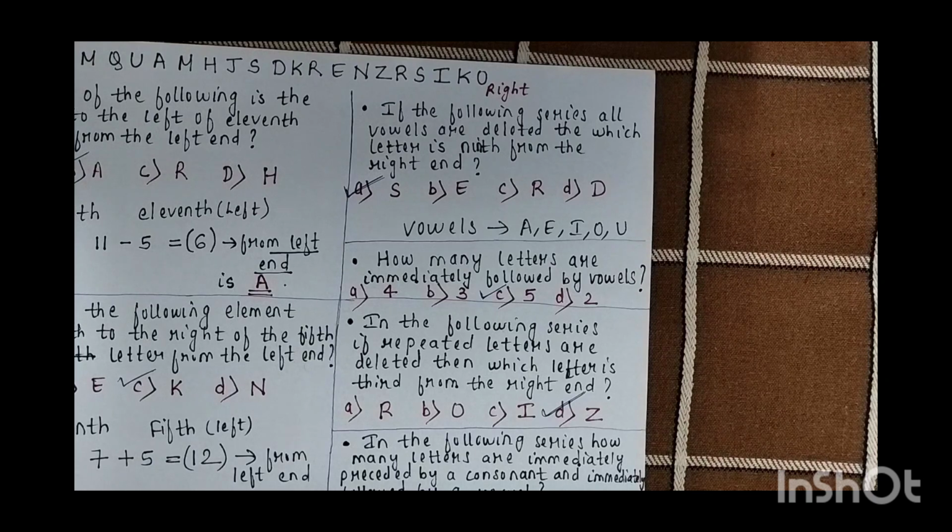Just use your observation skills. That will be faster for solving alphanumeric series or even coding and decoding type of questions. Just observe the questions and try to do it in your mind without using the pen, and you'll get the answer faster.